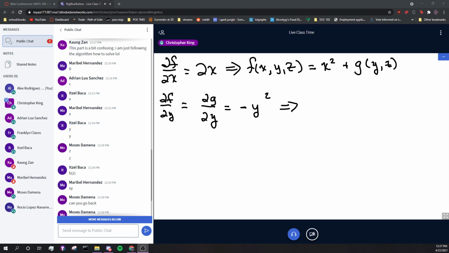Well, if I integrate this, it becomes g of y, z equal to negative 1/3 y cubed plus some function in terms of z. Any questions so far?